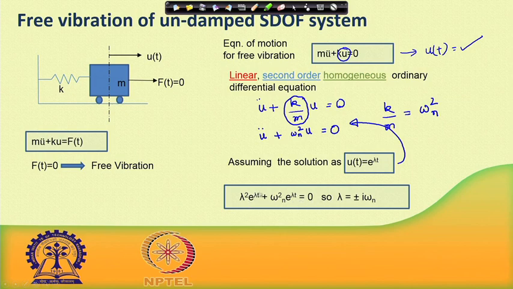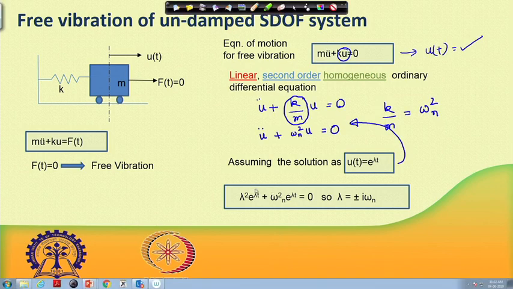Now, since e to the power lambda t cannot be equal to 0, the other factor, lambda square plus omega n square, must be equal to 0, and the solution of that is lambda equals plus minus i omega n.